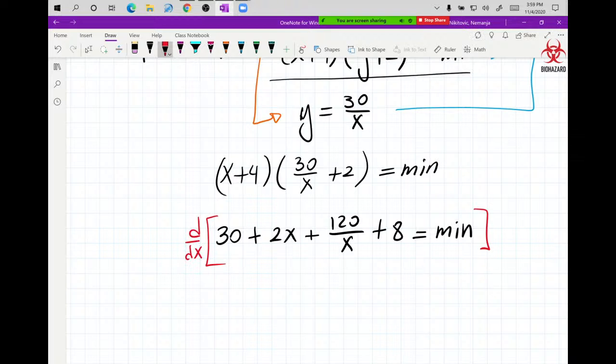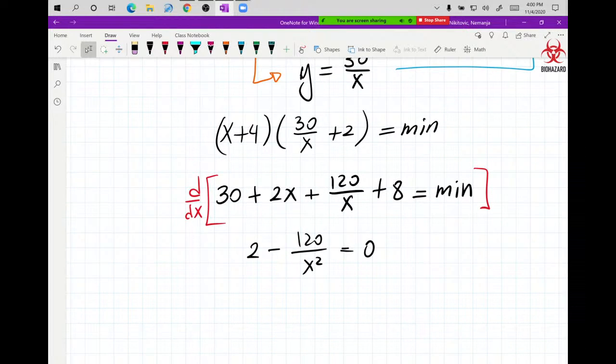So d/dx, there we go. And what I have is 2 minus 120 over x squared equal to 0. So that's my derivative. The derivative of 30 is 0. The derivative of the 8 at the end is 0. So I have the derivative of 2x is 2, and the other one, 120 over x.